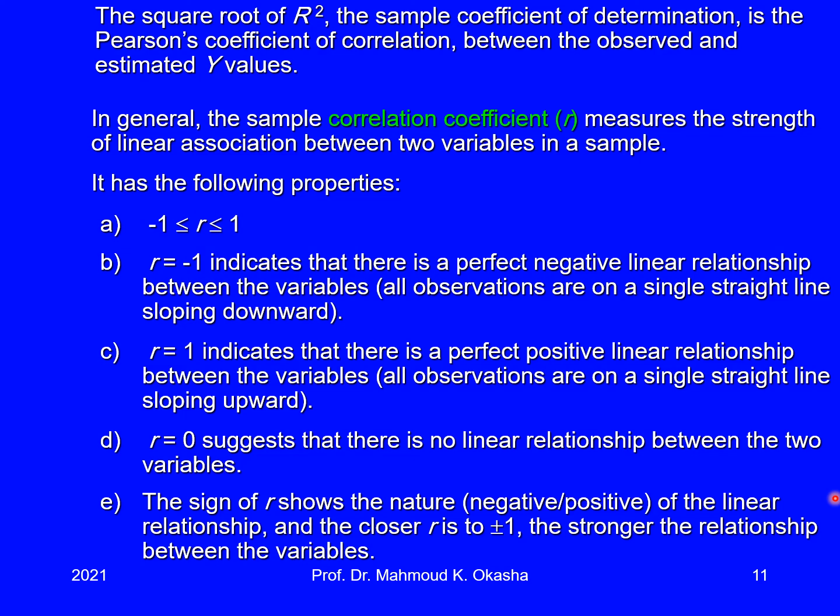And also the sign of R, as we mentioned earlier, shows the nature of the relationship, whether it is positive or negative, and usually R is between -1 and +1. The closer to 1 or -1, the stronger the relationship between X and Y, so the stronger the relationship between the variables.